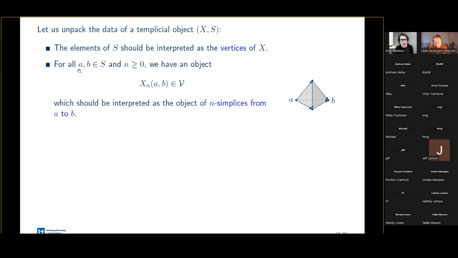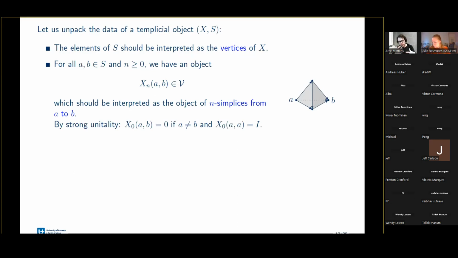And then for any two such vertices, A and B, and any natural number n, I have an object like this. And they are indexed by the vertices here. This is because we were working with that quiver category from earlier. And intuitively, we should think about this as an object of n-simplices from A to B, whose first vertex is A and whose last vertex is B. Visually, you should keep this picture in mind.